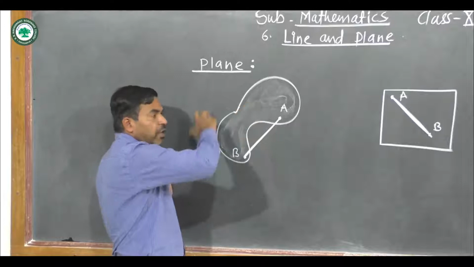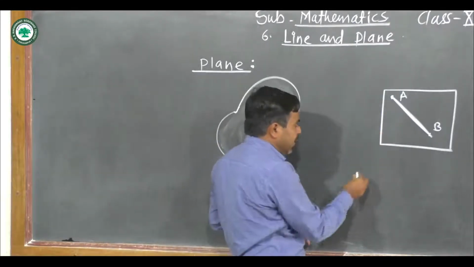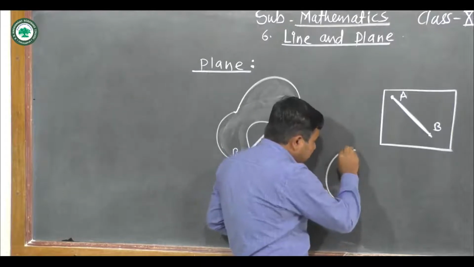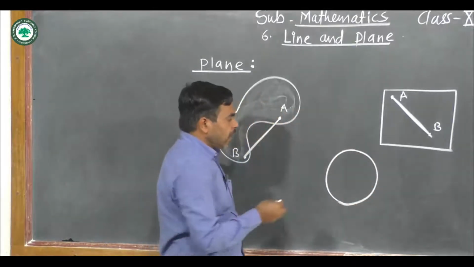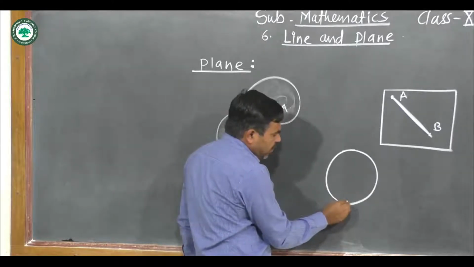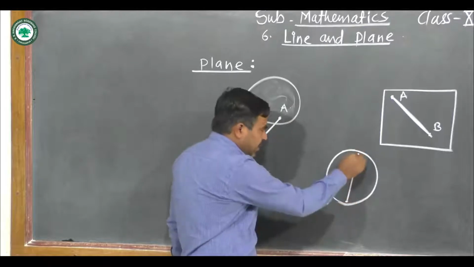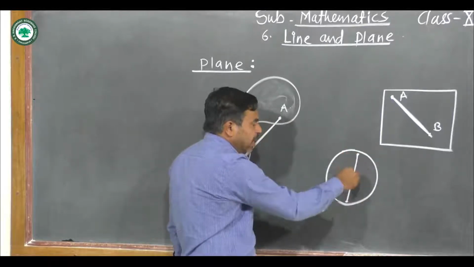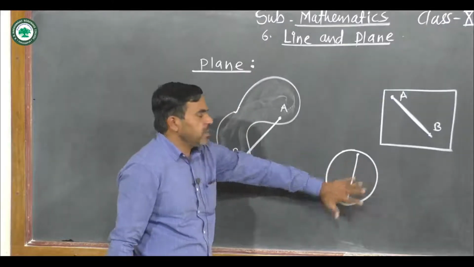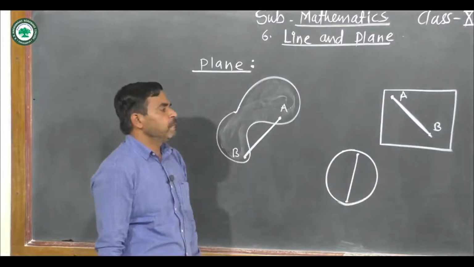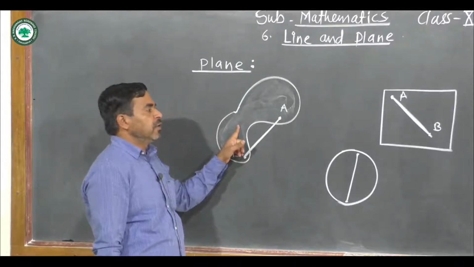So this surface is not a plane, whereas the previous surface is a plane. Now if we consider a circular surface like this, and we take any 2 points, the points may be here and here, and we join these 2 points, then this line segment lies totally on the surface. So this surface is also a plane, whereas the other surface is not a plane.